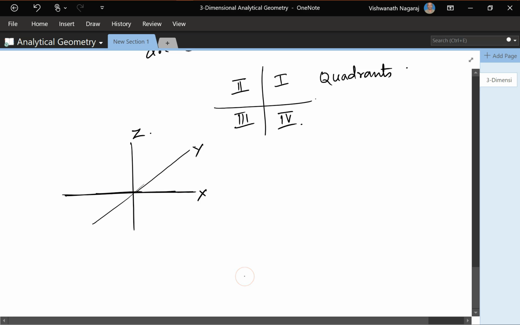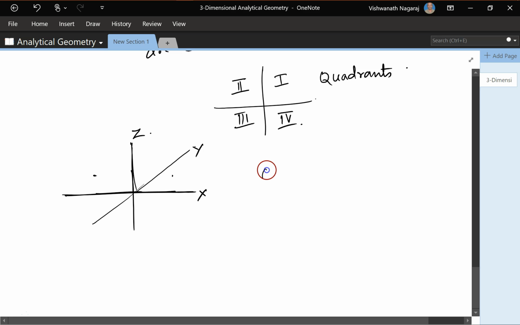Can you visualize that there are 4 quadrants, one in front, one behind? Similarly here also, one in front, one behind, one in front, one behind. So 4 and 4 below the x-axis. So there are totally 8 divisions of the entire space.